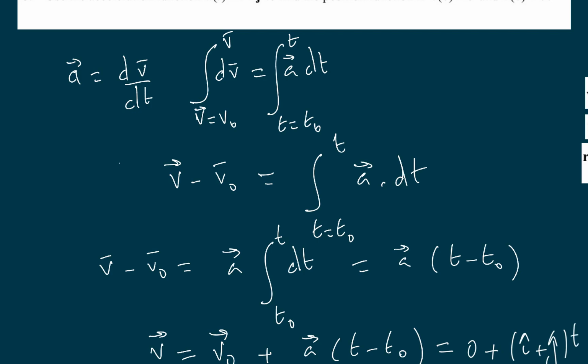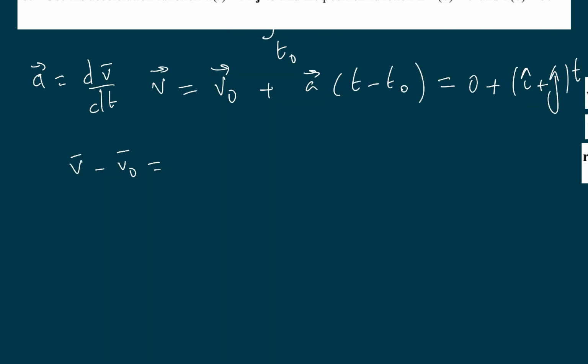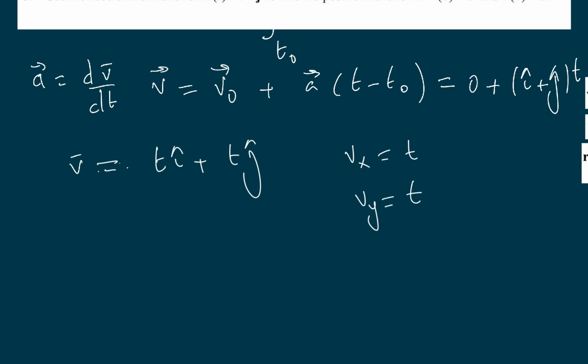So the vector velocity v equals v0 plus a t, equal to t times i plus t times j. It means that the component x of the velocity is t, and the component y of the velocity is also t. Now we have found the vector velocity v.